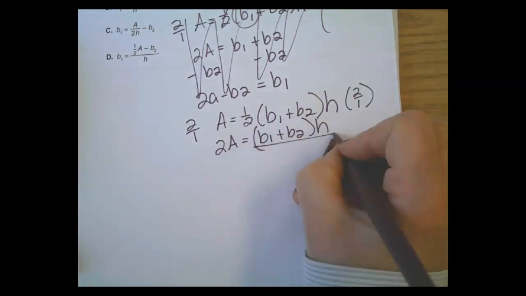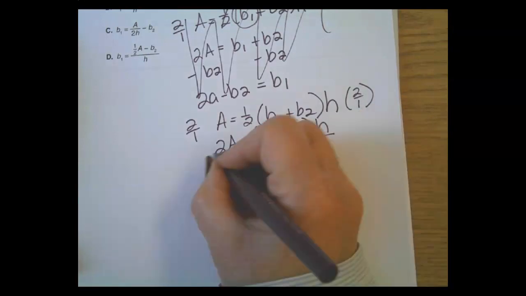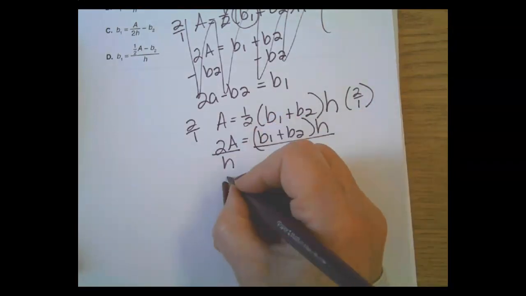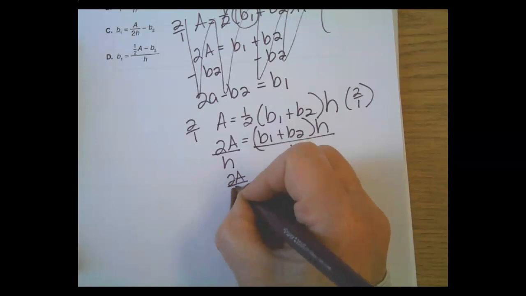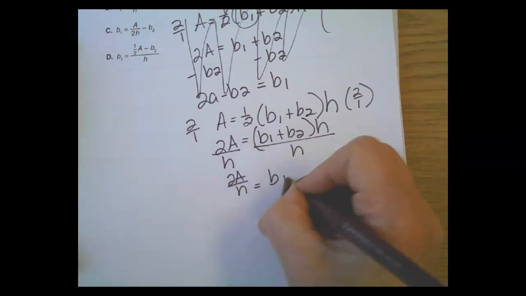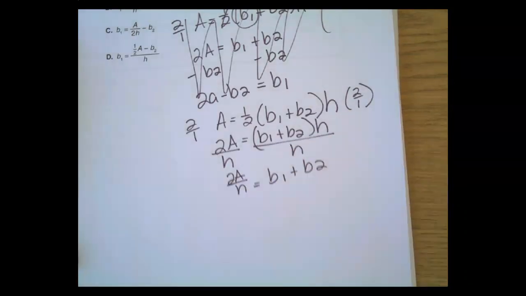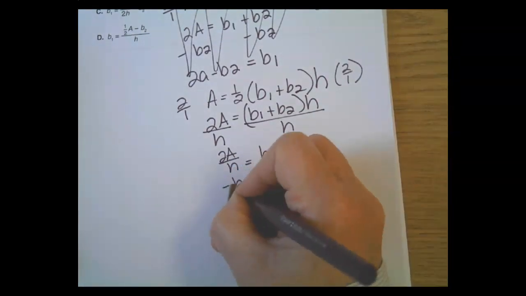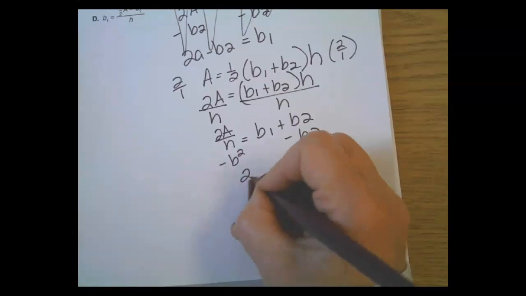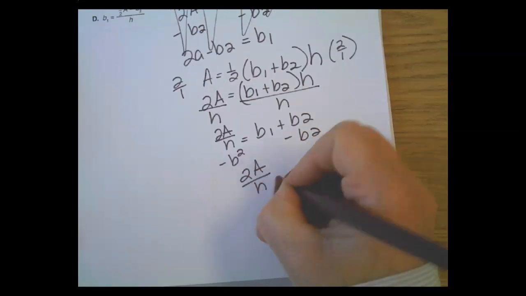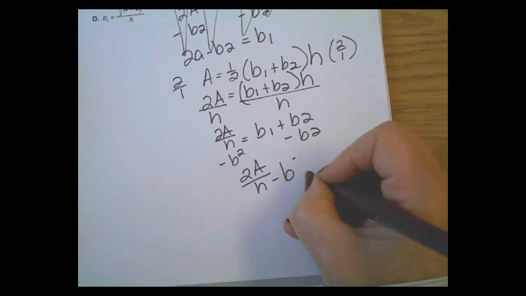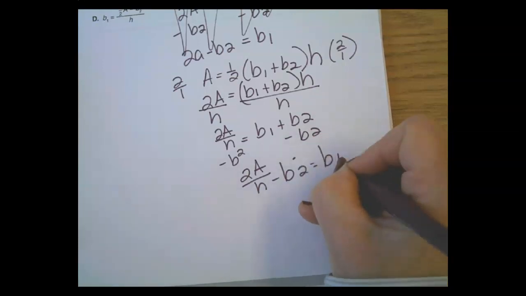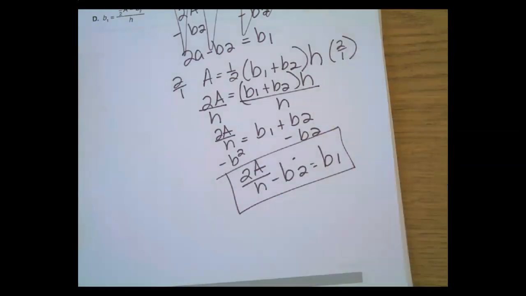Now, I'm going to divide by my height, because it's multiplying. So 2a divided by h is equal to b1 plus b2. That makes more sense. Subtract b2 from both sides. So I'm left with 2a divided by h minus b2 is equal to b1. And there you have it.